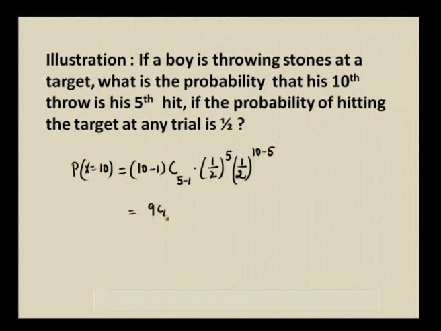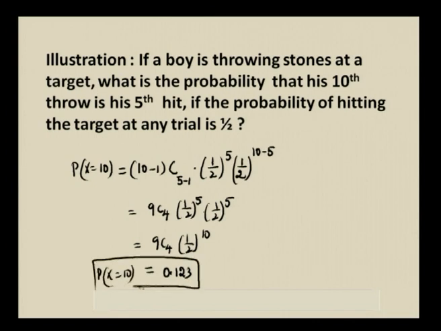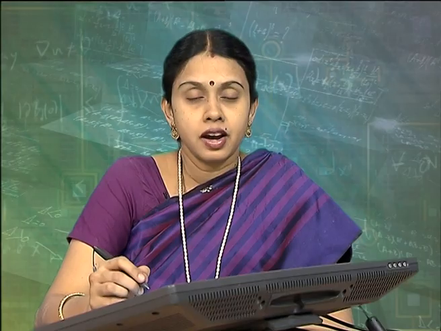So, this is 9C4 1 by 2 whole power 5 into 1 by 2 whole power 5. 9C4 1 by 2 whole power 10, and by simplification the answer comes to be equal to 0.123. P of x is equal to 10, where I have taken x as the number of trials required to get 5th hit, right.